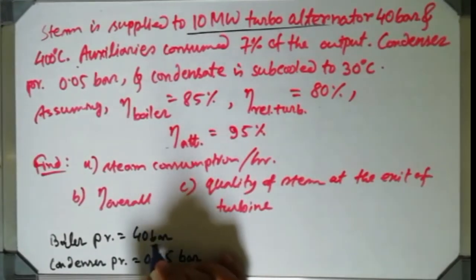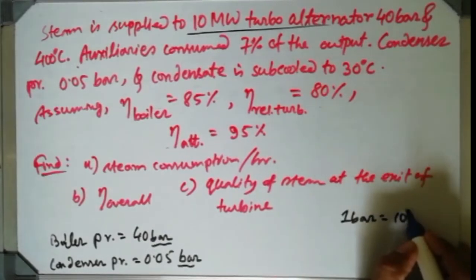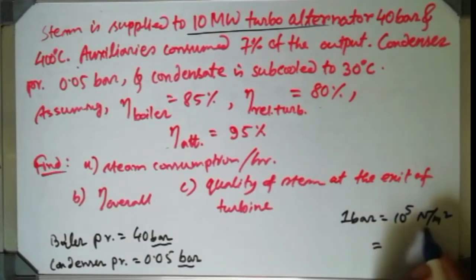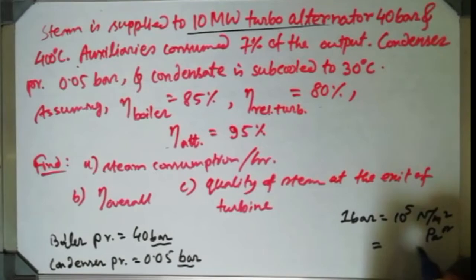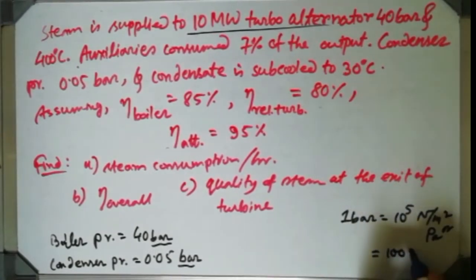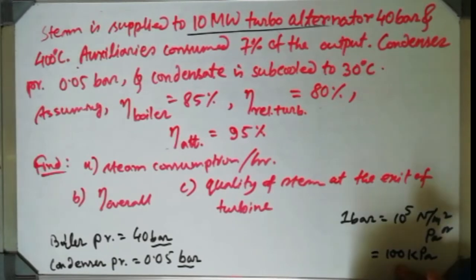Do you know what bar is? Bar means 10 to the power 5 Newton per meter square. Newton per meter square means Pascal, we all know. If we convert it into kilopascal, it will be 100 kilopascal, isn't it? 10 to the power 5 Pascal, if you exclude 3 zeros, 2 will remain, so 100 kilopascal.